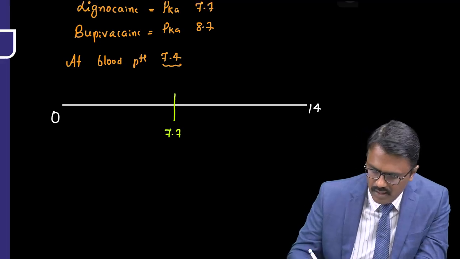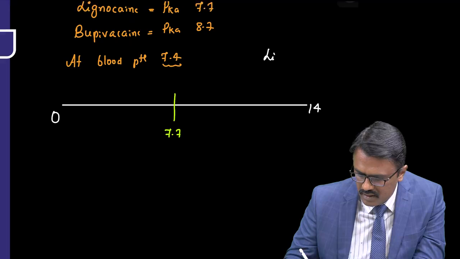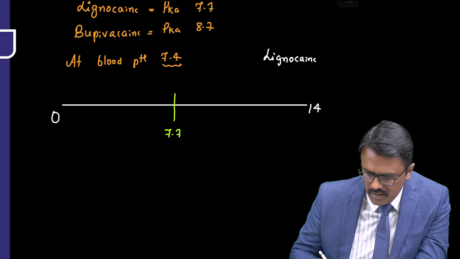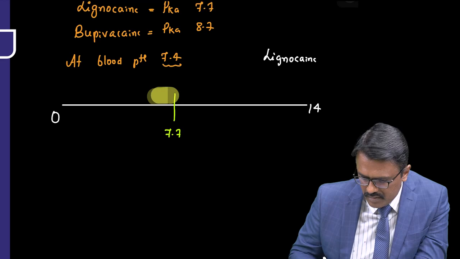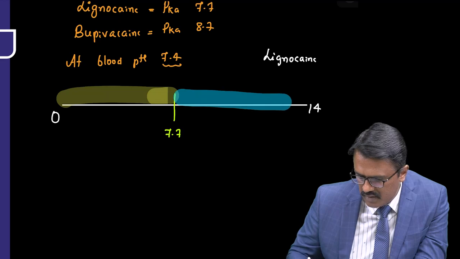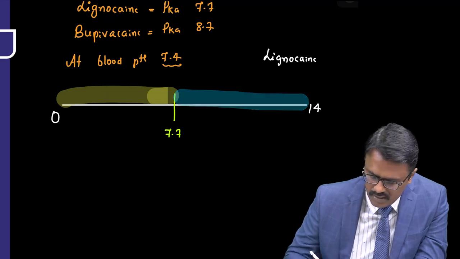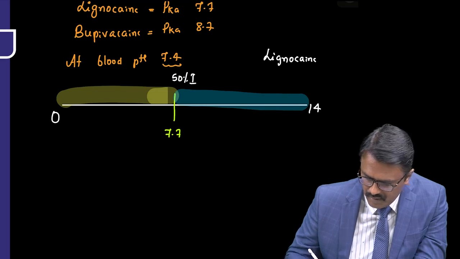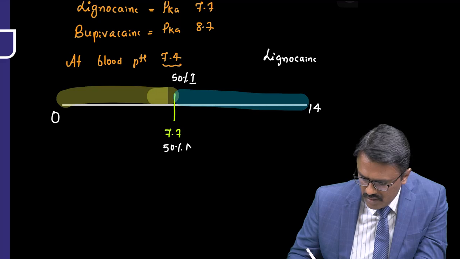This is for lignocaine. Now this side is an acidic environment for the drug, and this side is a basic environment for the drug. So here it is 50% ionized and 50% non-ionized.